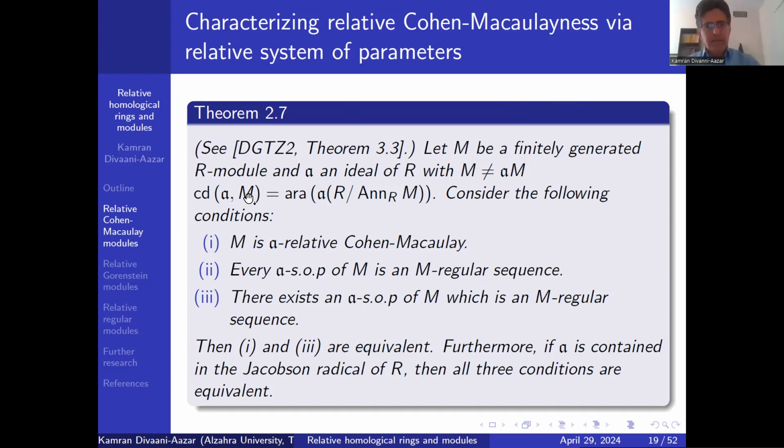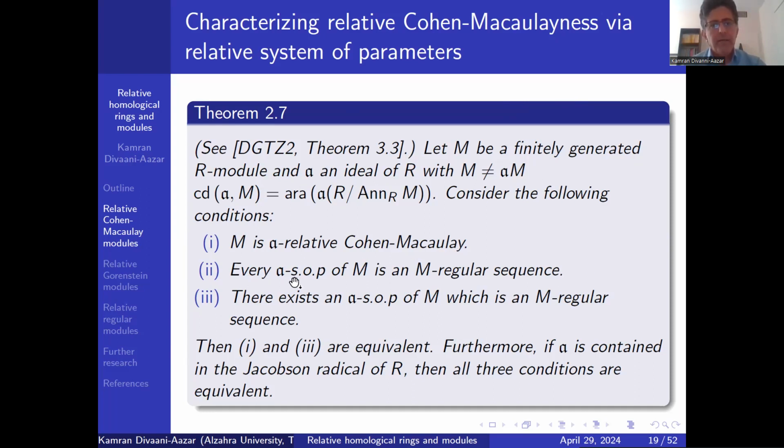So here is the characterization for relative Cohen-Macaulayness by using relative systems of parameters. Let M be a finitely generated module with this condition, and this equality is needed for the existence of a relative system of parameters. Now consider these three conditions. The first one, M is relative Cohen-Macaulay.